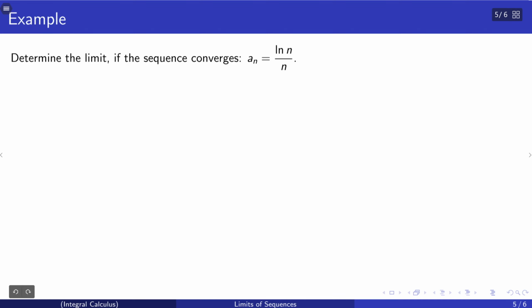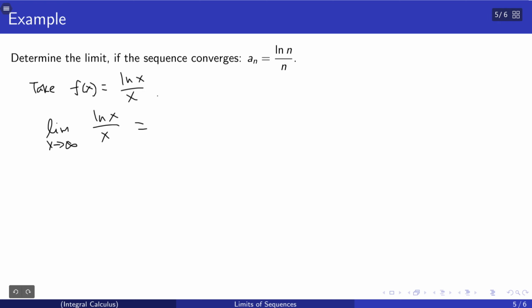So here's another example. What's the sequence ln n over n? Is it convergent or divergent? If it's convergent, determine the limit. And here, we're going to look at the function. Again, if we know where the function goes, then we know where the sequence goes. Take the limit as x goes to infinity of the function ln x over x.